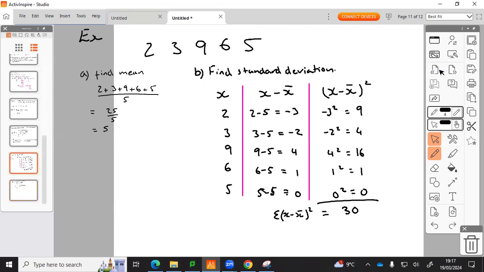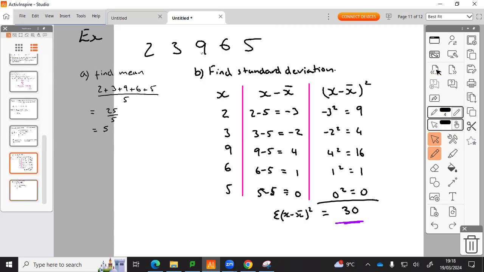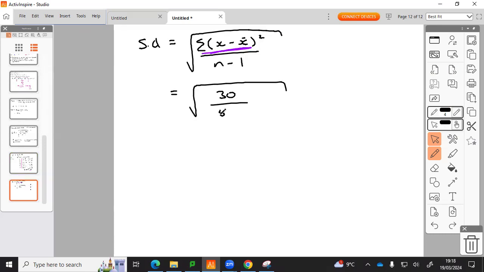That just gets put in this place. Divided by N, well, the sample number, so N, remember, is the amount of numbers. So we've got 5 numbers, minus 1. Don't ask me the mathematical reason why we're taking away 1, but we do it, okay.